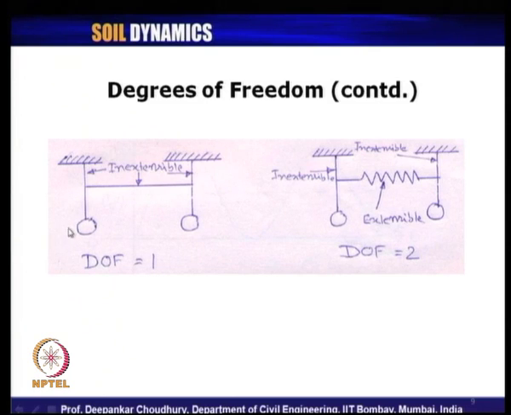Because if we apply a dynamic load to the system, at any point of time, to know its new or displaced position, we should know the angle theta. As all these are inextensible, whatever theta angle this pendulum makes, the same angle it should maintain for this pendulum as well, this connecting rod being a rigid one. So, this problem is nothing but a single degree of freedom problem, because the minimum number of coordinates required to define its position is 1.